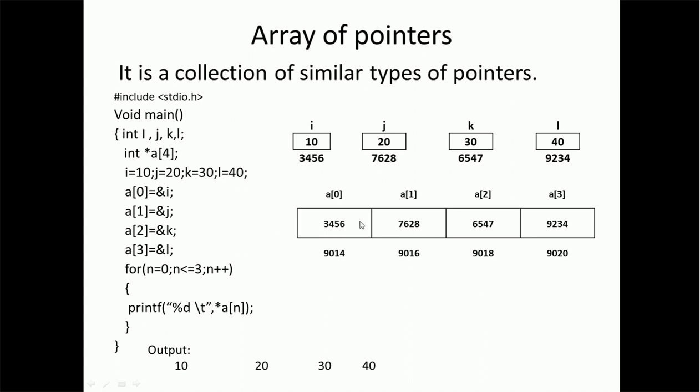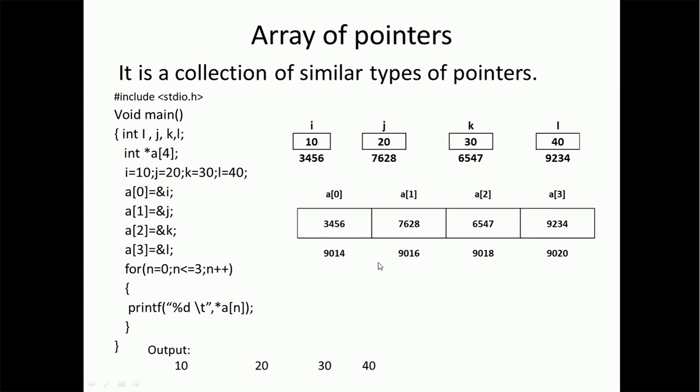This program can also be understood through the pictorial representation here. i, j, k, l are 4 variables, and these have the values 10, 20, 30 and 40, and these have the addresses as given here. a[0], a[1], a[2] and a[3] are holding the addresses of i, j, k and l respectively. So a[0] is pointing to i, a[1] is pointing to j, a[2] is pointing to k and a[3] is pointing to l.